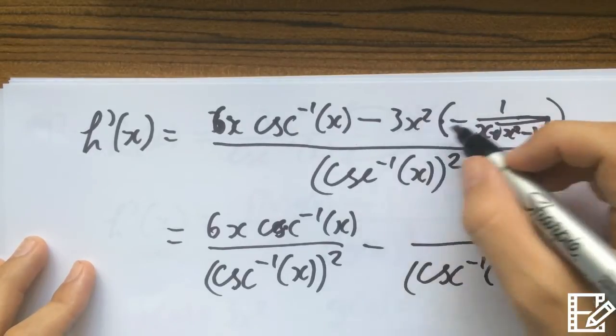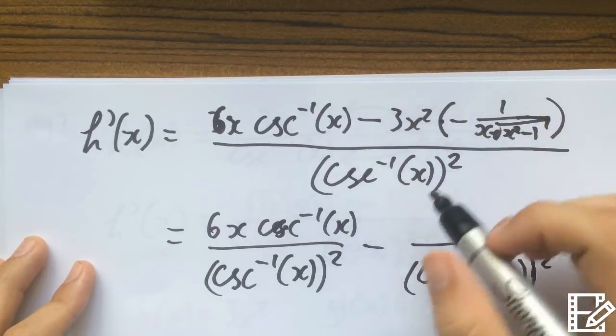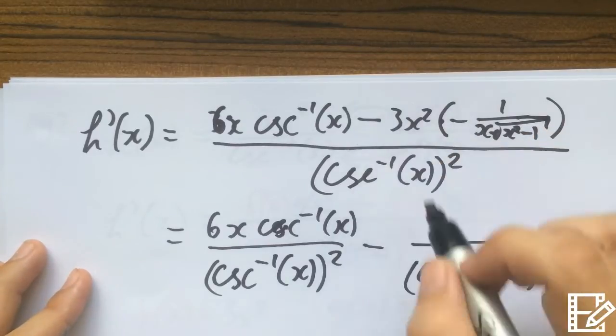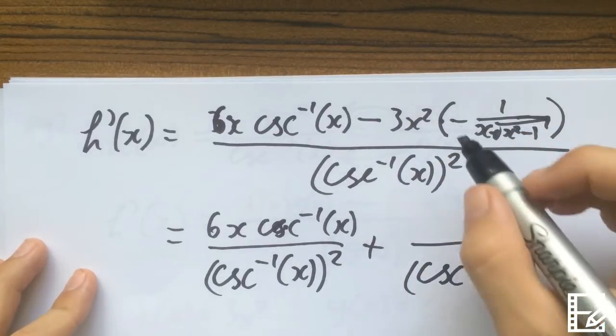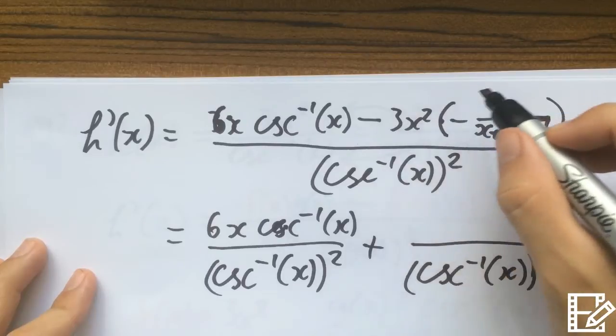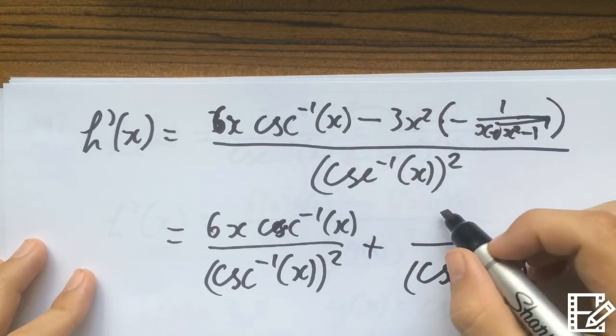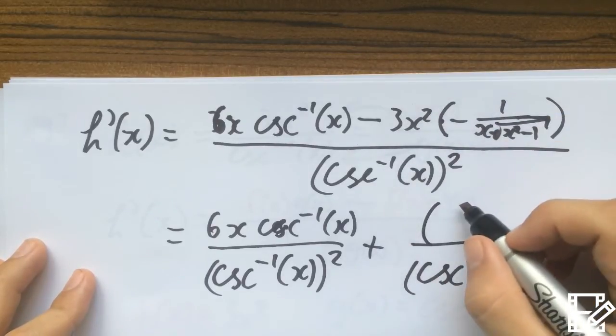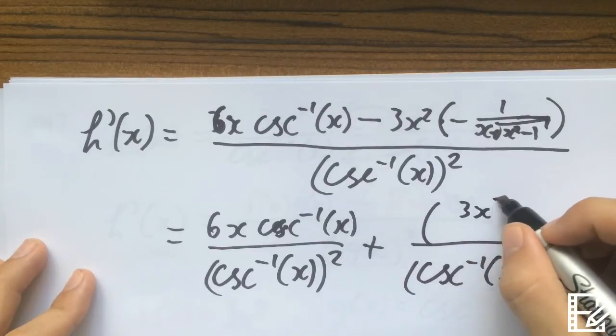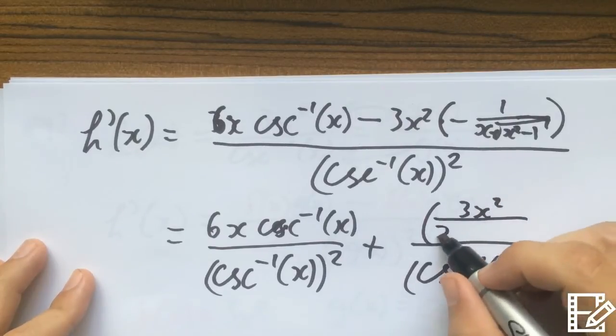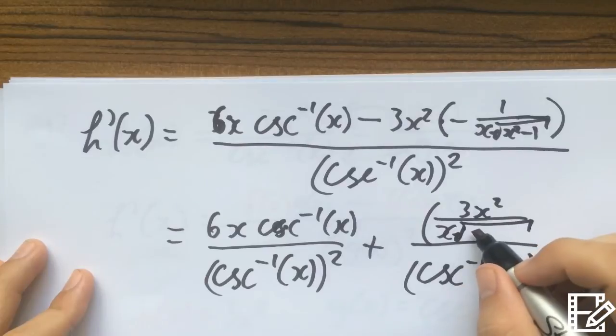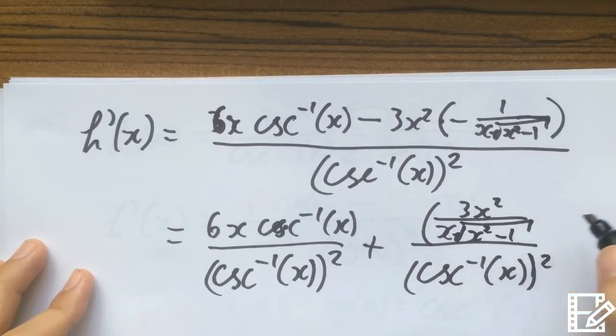And the top bit, I'm going to simplify this by multiplying, well, we have a negative multiplied by a negative, so that makes that a positive. And I'm going to bring the 3x squared on top of this fraction. So what we'll have is 3x squared all over x square root of x squared minus 1.